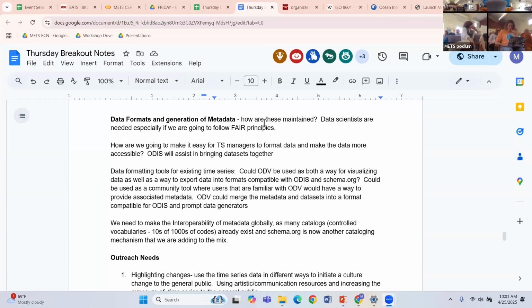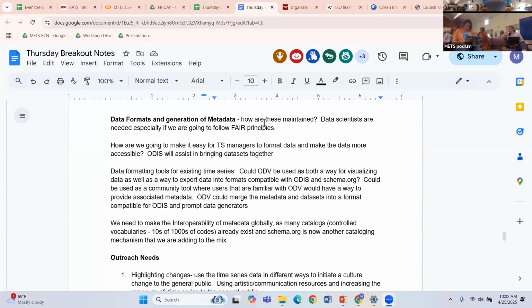I think this is more the vision for ODB to be somehow compatible with ODIS and schema.org. I've already discussed that briefly with Pierre Luigi prior to the meeting. I think we keep that in mind, and we will see.